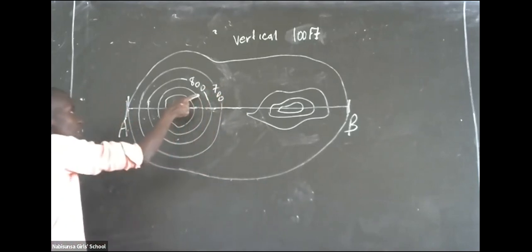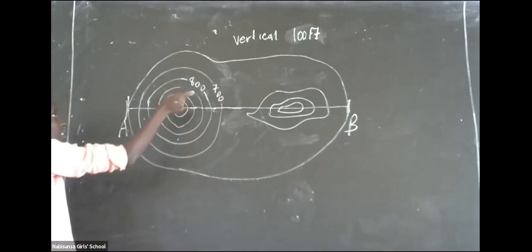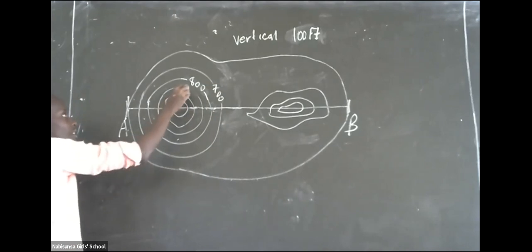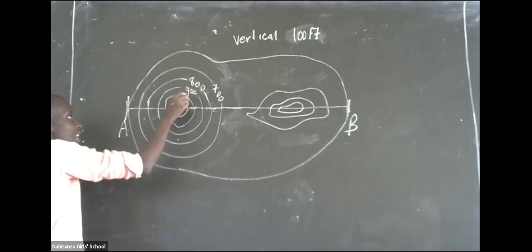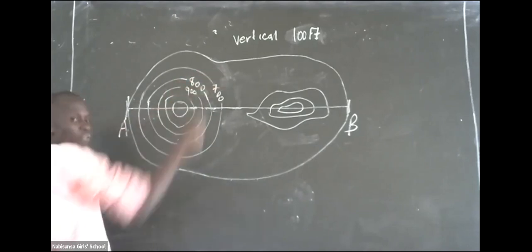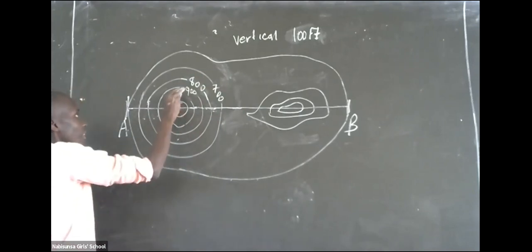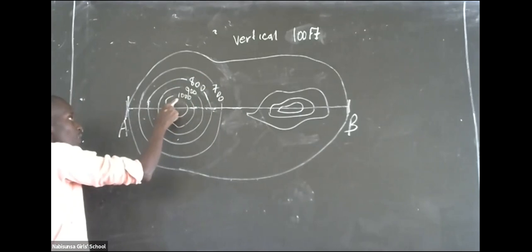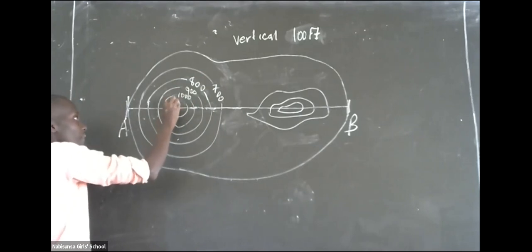Then what about this one inside? 900. Then another one as we climb inside. You go on adding 1,000. Then when we come to this one, it's 1,000 what? 1,100.